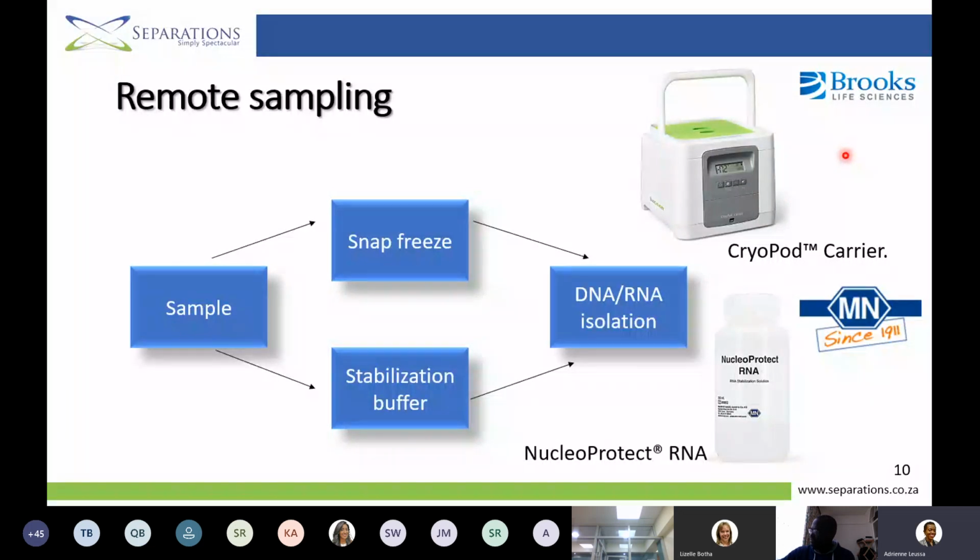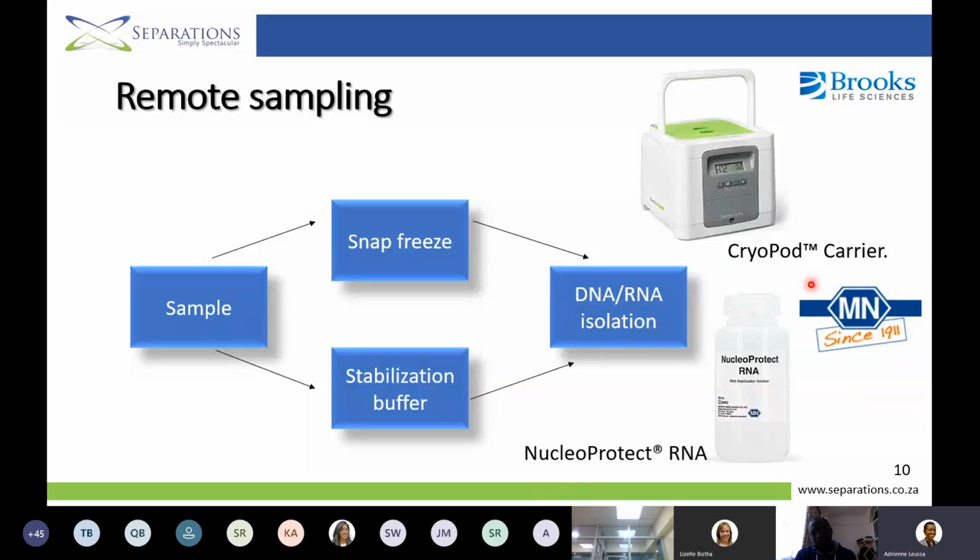This is particularly relevant, I think, for RNA, because we know that at very low temperatures, the RNases will not be as active to carry out the degradation of the RNA. And this cryopod carrier displays temperature, date, as well as time, and it features audible and visual alarms.